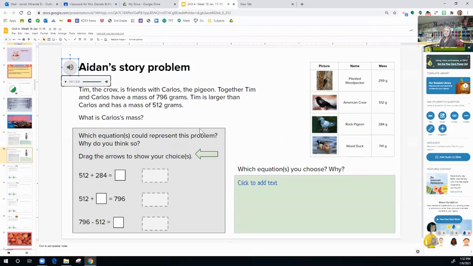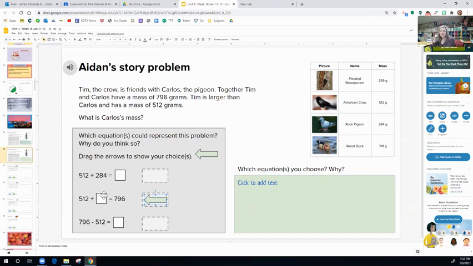Okay, so we're thinking about, together they have a mass of 796. That's our total. We know that they each have an amount, and when you put them together, it's 796. We know that one is 512. So looking at these problems, I know one weight of 512, and I know the total. So there are two choices here. The second one works because we're finding the unknown of the other mass.